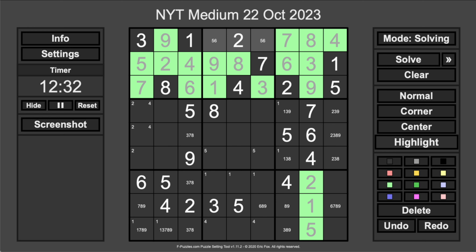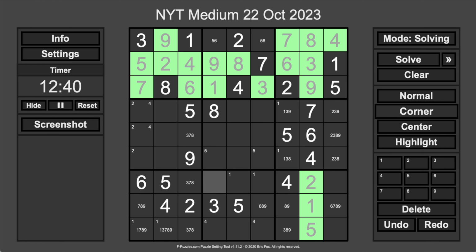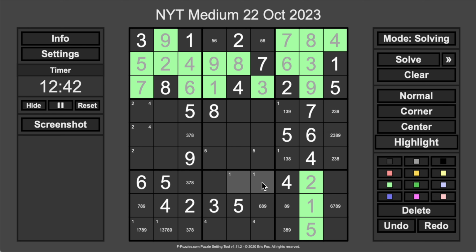I've made no progress on row 8 that I can see. Let's see, this 1 means this isn't 1. So 1 is definitely restricted now to these two. 4 is still in these two.